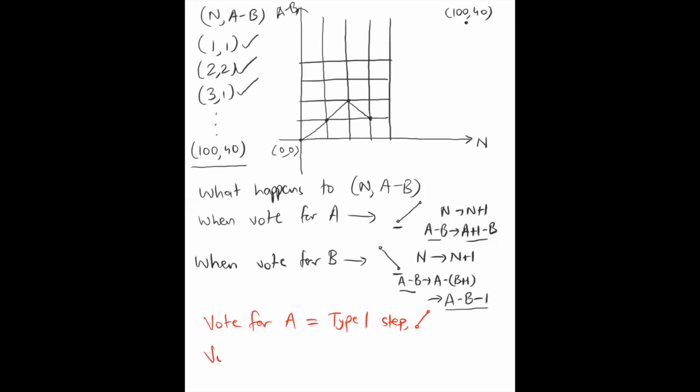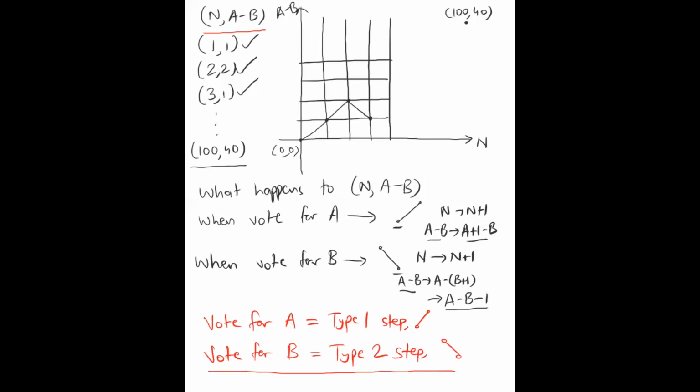And a vote for B is the same as a type 2 step, and that is something like this. So this is the important point: this is how we have converted our problem from tracking n comma A minus B to counting some paths.